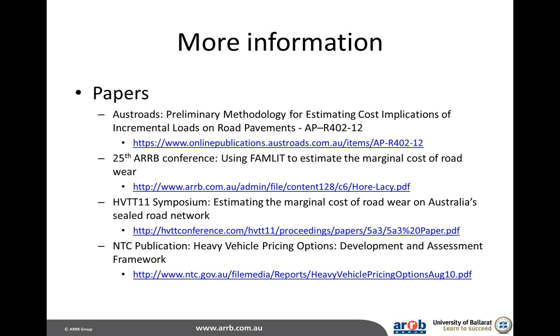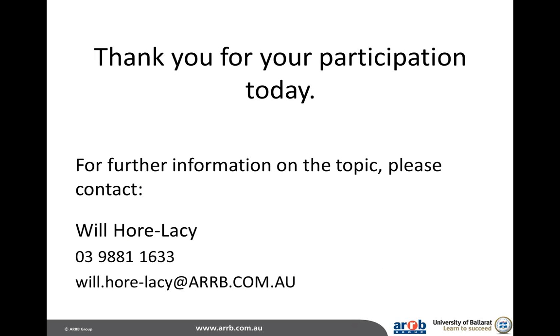And if you're interested to see the way that some of these marginal costs and life cycle costs are being used at a higher level, you can look at an NTC paper there on heavy vehicle pricing, and that will give you some details about how it's planning to be used.